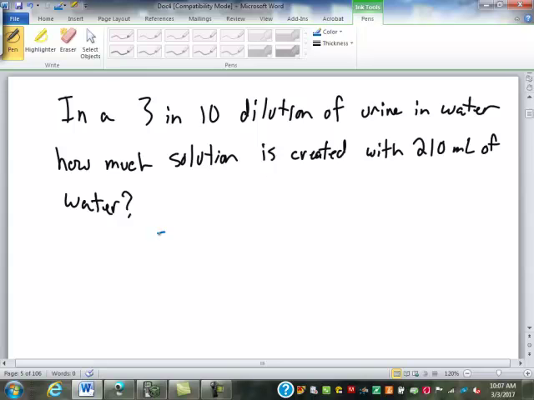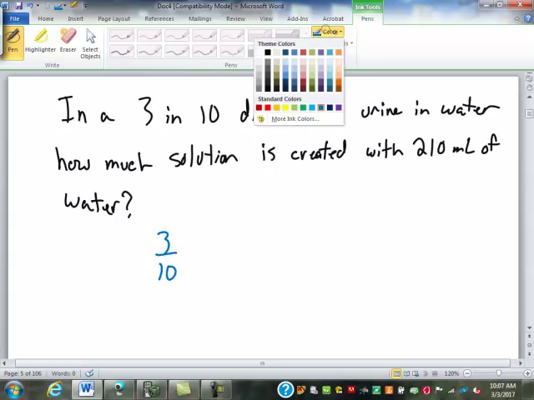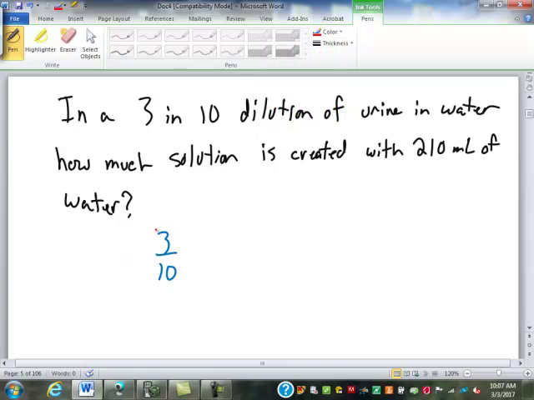So we've got that 3 in 10 dilution. Now the 3 represents serum, in this case the urine. And the 10 represents total parts, total solution. How much solution is created?